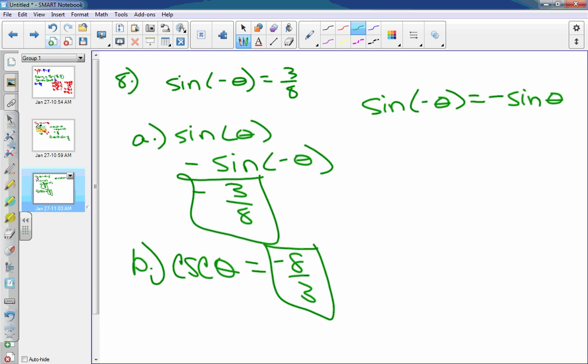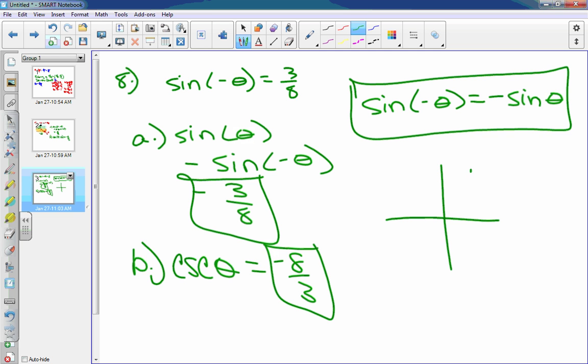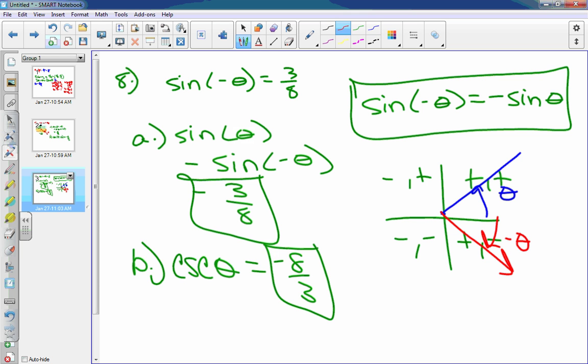You have to apply this right here. Remember whenever I taught this, I did this? Remember that? I said if you were in quadrant 1, this was theta. However, if you're in quadrant 2 or 4, sorry, this was negative theta. Now, how did I go from having a positive sine value to a negative sine value? Well, that's saying that the sine of negative theta is equivalent to negative times the sine of theta.